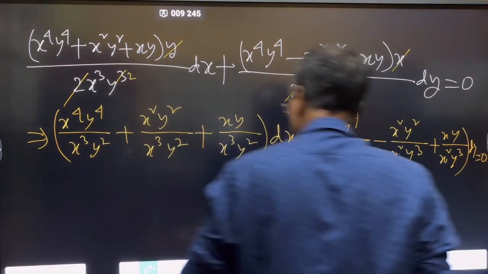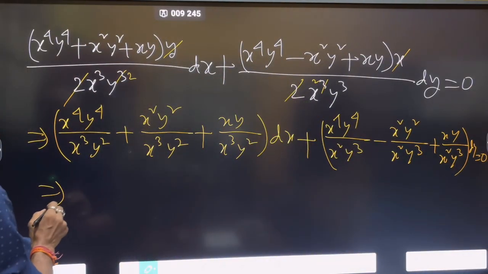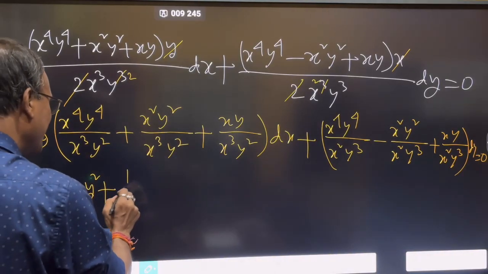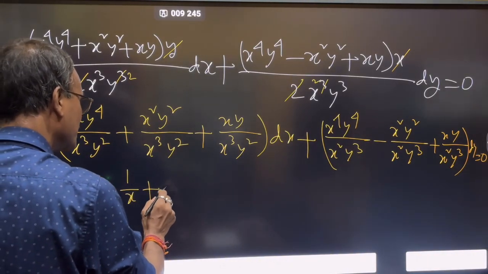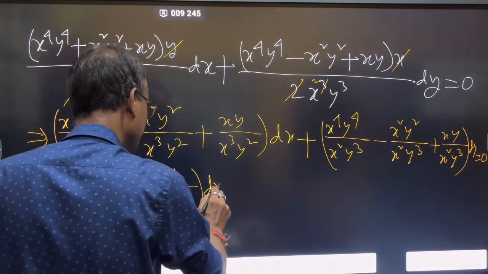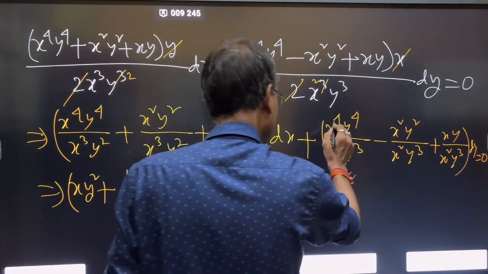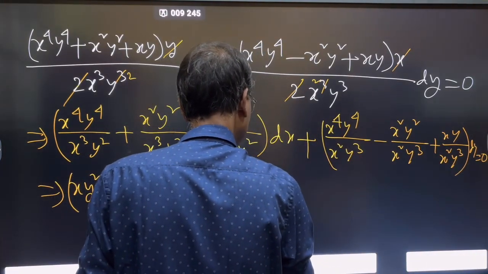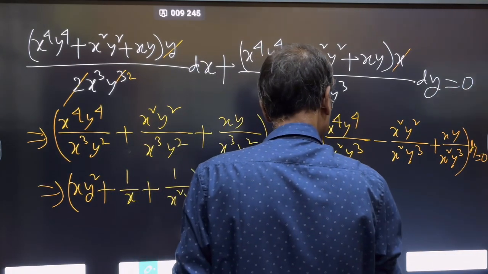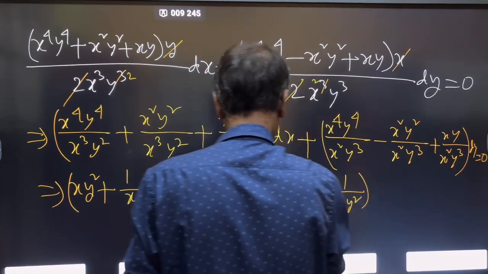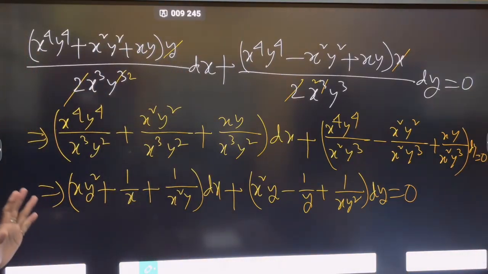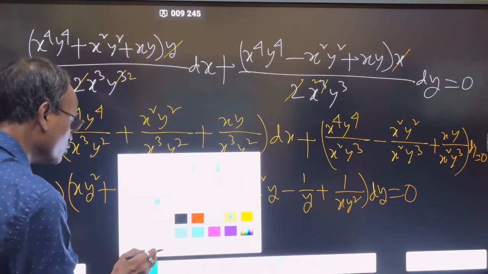This means xy square plus 1 by x plus 1 by x square y dx, you will get this, plus x square y minus 1 by y plus 1 by x y square dy equal to 0. Now you see, take these two terms here.